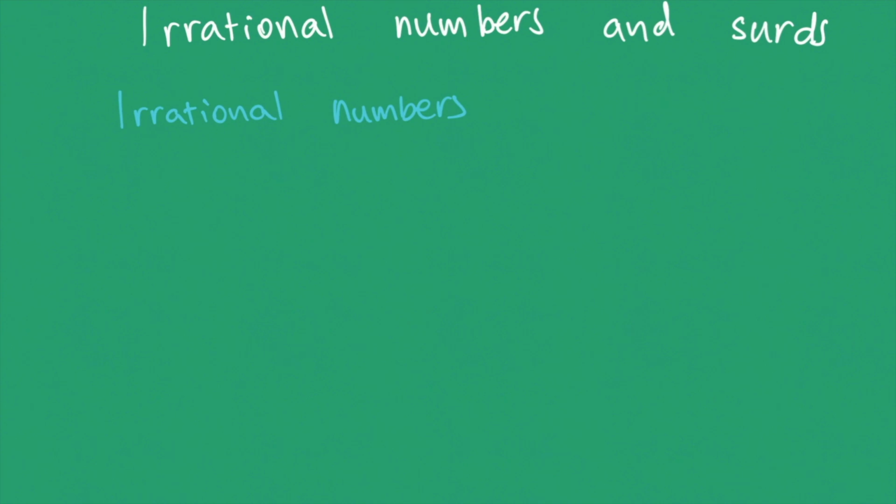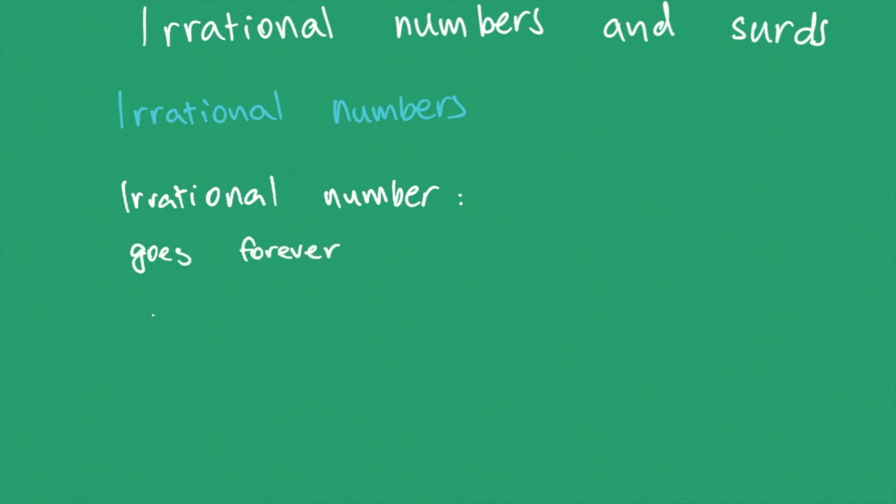Therefore, we can imply that an irrational number is a number that goes on forever but does not repeat.